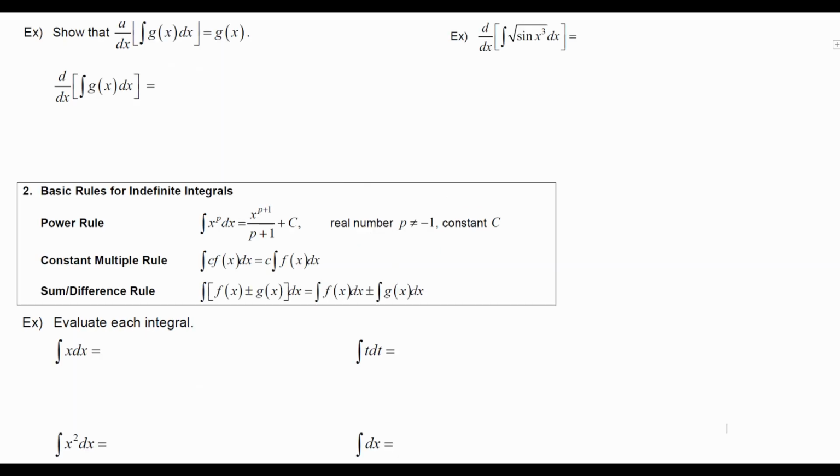To see this more precisely, it says show that the derivative of the integral of g of x dx is g of x. So let capital G of x be an antiderivative of g of x. Then when I take the integral of small g of x, I'm going to leave d dx outside.